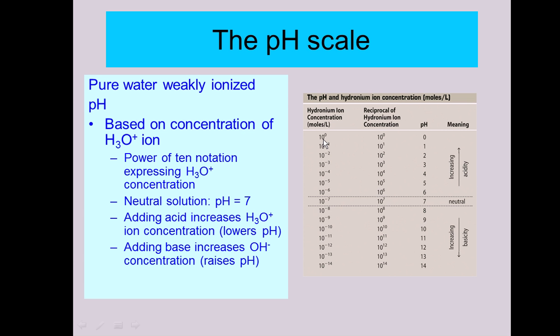So as we are going this side, we are increasing in value. If 10 to the power minus 7 is the concentration of hydrogen ions in water, its pH is 7, because if you plug this value in the formula, you get this value. So this solution is neutral. Any solution which has hydrogen ion concentration more than 10 to the power minus 7, that solution is acidic.